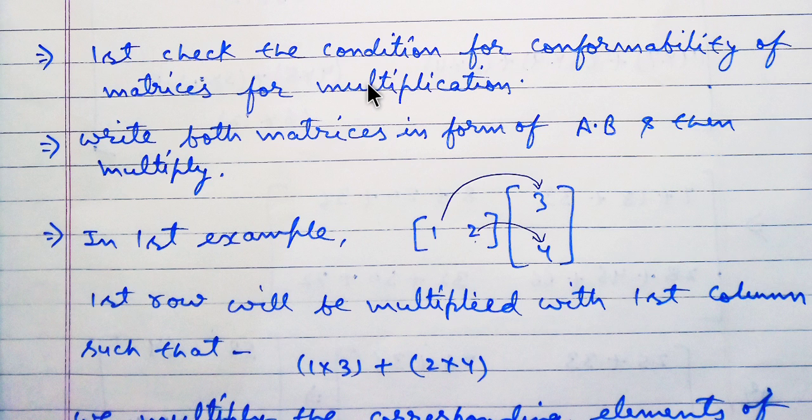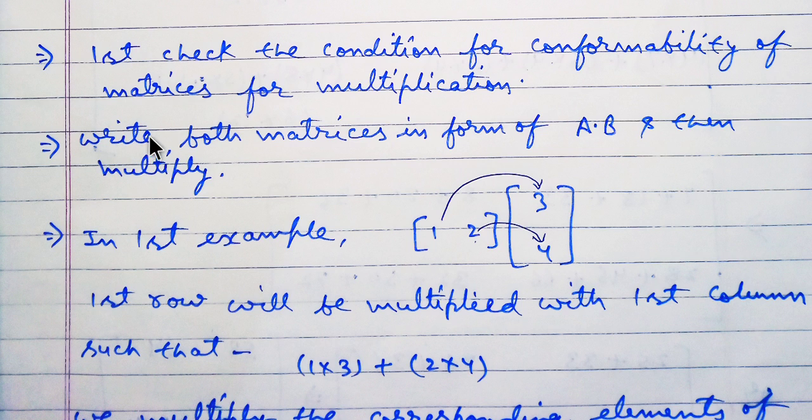First of all, we check whether these two matrices are conformable for multiplication or not. If they are not conformable, then the product will not exist. But if they are conformable, then the product will exist, and we have to find their product. Okay, so if they are conformable, then I'll come to the next point.